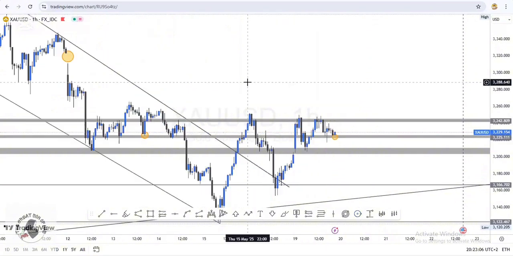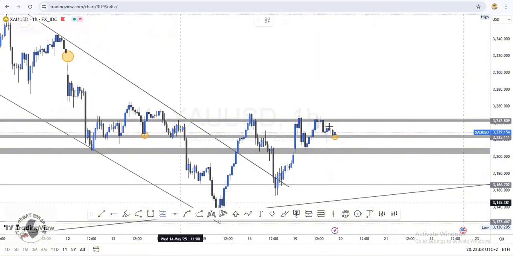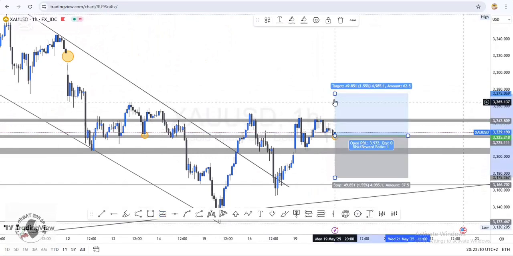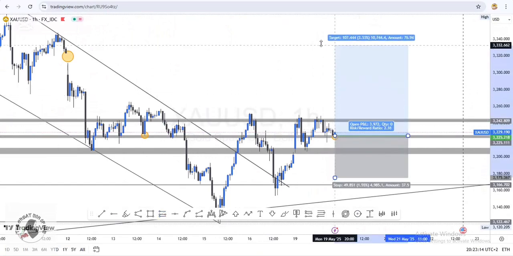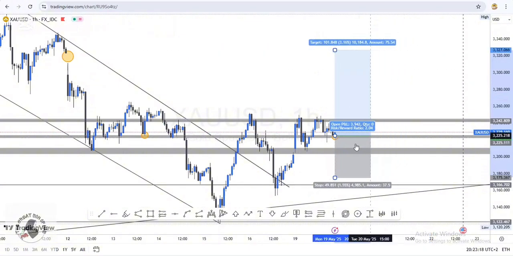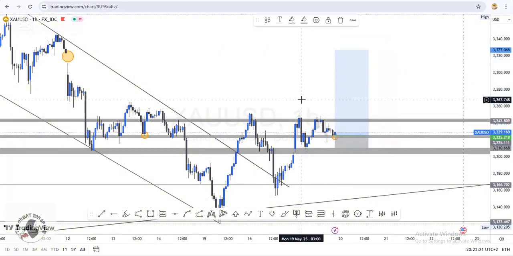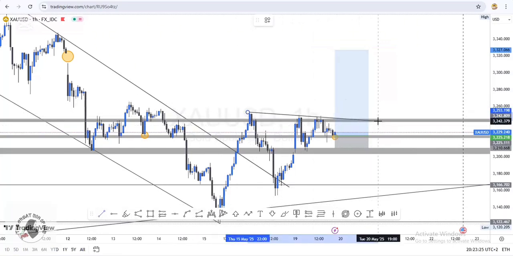So for now on gold, I'm gonna be looking for more buying opportunities than selling opportunities, at least if I can reach this point here. That one will be my target, because I understand that the market needs to fill this gap.